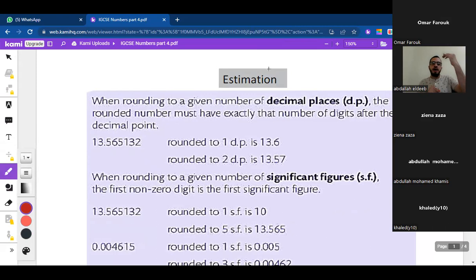It's like you round up or round down, and you estimate the number to 1 decimal place, 2 decimal places, 3 decimal places, and whatever. We have a lot of stuff to do. So let's start with estimation.